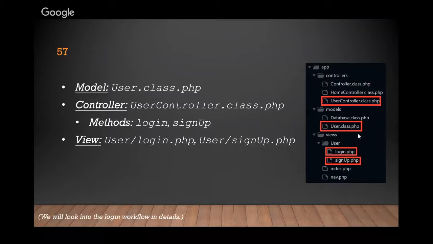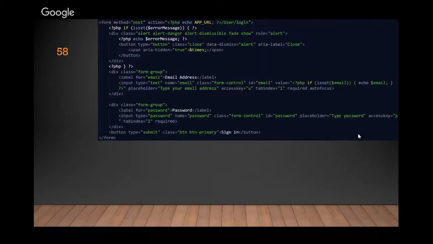So let's look at login first. Can you see the font here? Is it small, or are you using a laptop to see the slides? Okay, if no one has difficulty reading, let's continue.